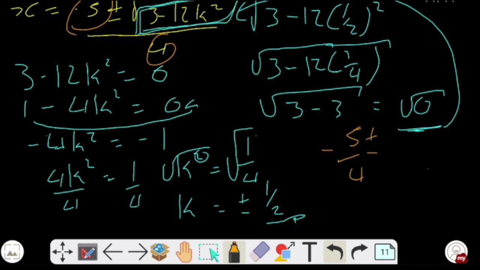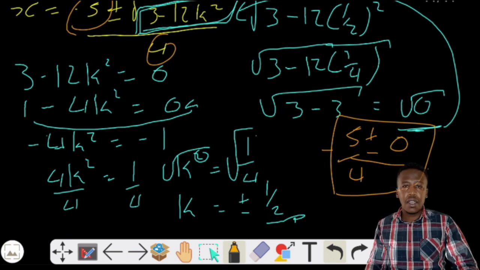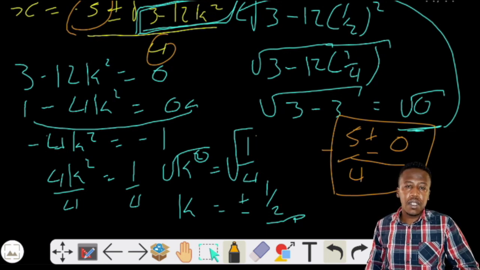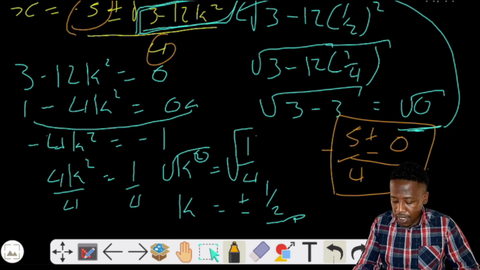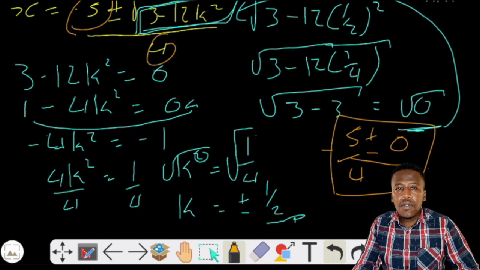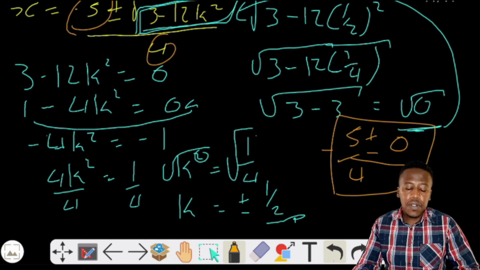Whether you plus or minus the 0, you will be left with 5 over 4, meaning our roots are equal. So this statement is true and our answer is correct. Our answer is k equals negative a half, k equals positive a half.